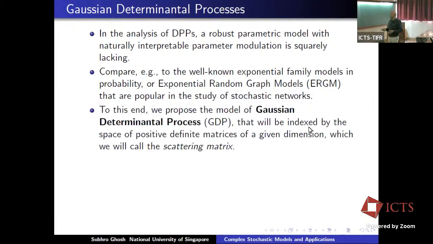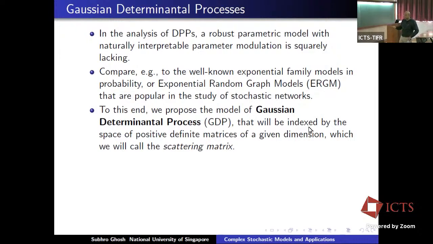So to this end, we propose the model of Gaussian determinantal process, which will be indexed by the space of positive definite matrices of a given dimension. And for lack of a good name, we just call this positive definite parameterizing matrix the scattering matrix.